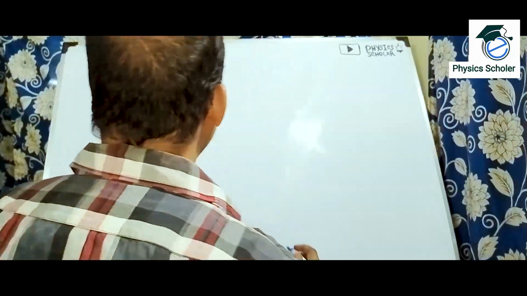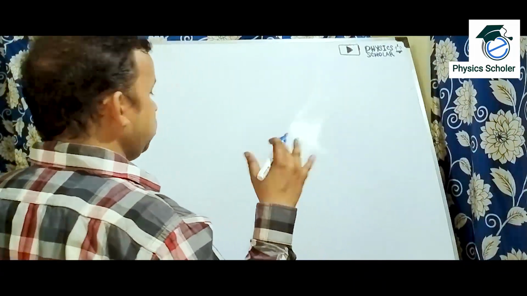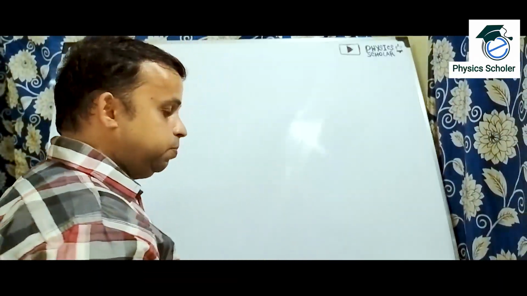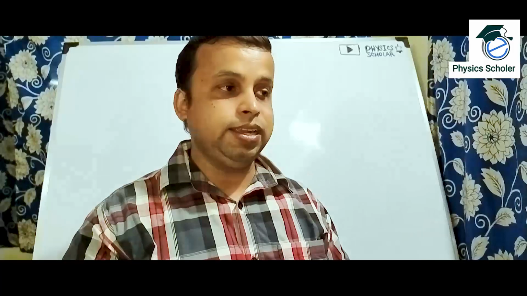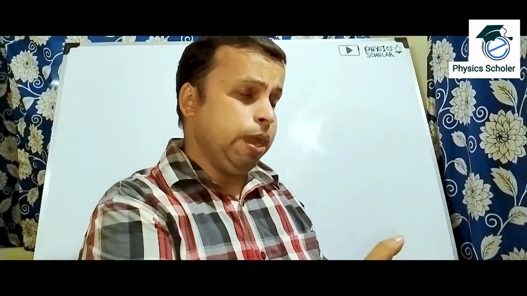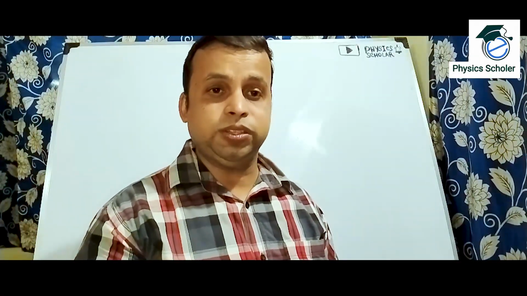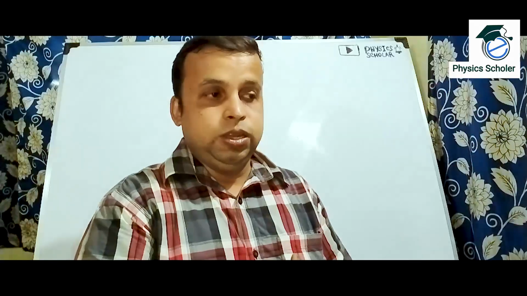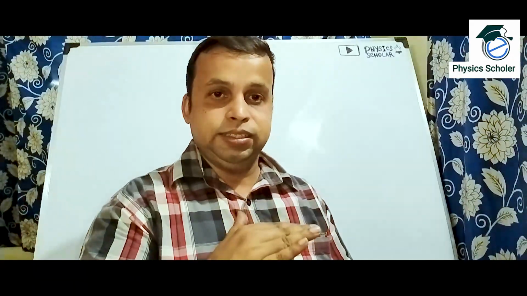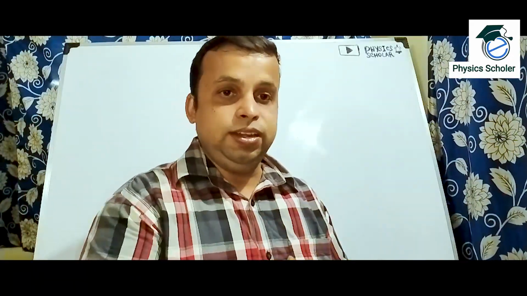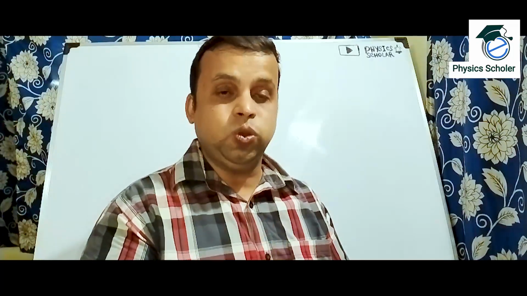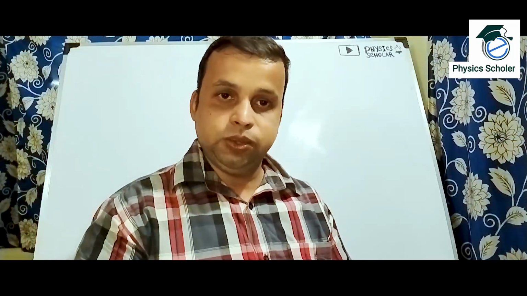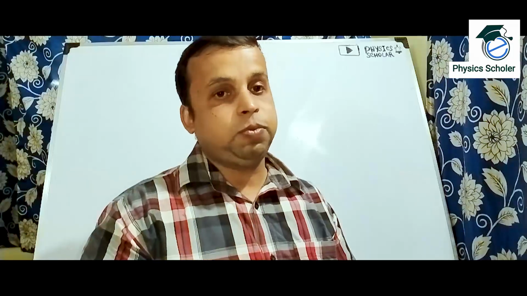So photosynthesis, what I already discussed: the green plant, or some organisms like Euglena, absorb water and carbon dioxide from the atmosphere in the presence of sunlight and chlorophyll, and prepare food, especially glucose, a monosaccharide. This is known as photosynthesis.